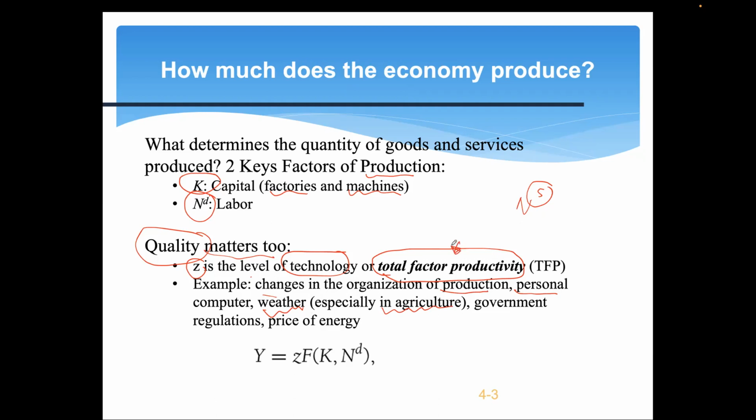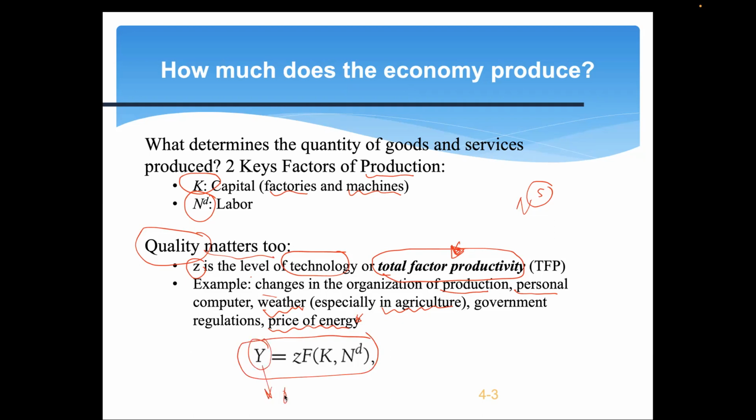We need to think about this in very general terms. And finally, in modern days, the price of energy is also important. This also plays a role like technology, because energy is considered a key ingredient for production in a modern economy.